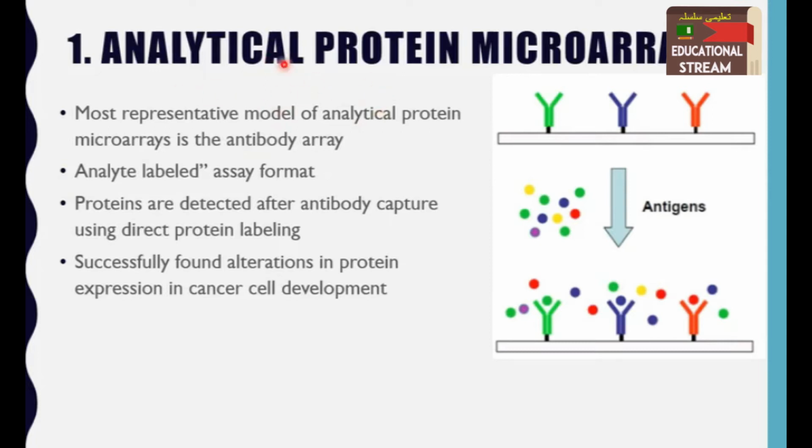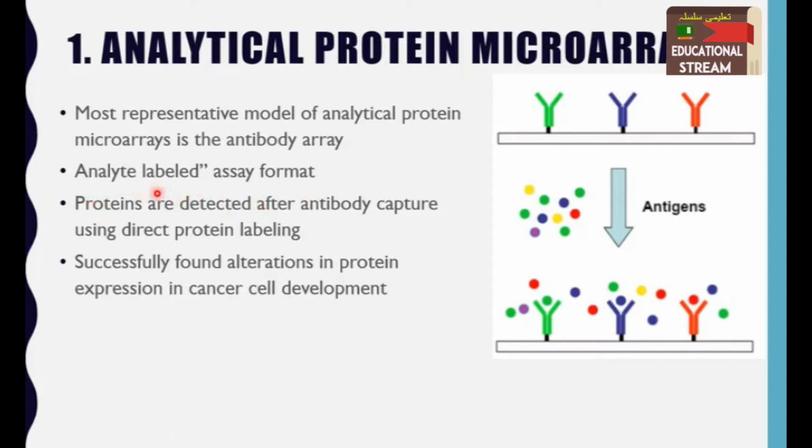The first kind of protein microarray is the analytical protein microarray. The most representative model of analytical protein microarray is the antibody array. And in the antibody array, there are two kinds, as we have already discussed. One is the analyte labeled and the other is the sandwich.